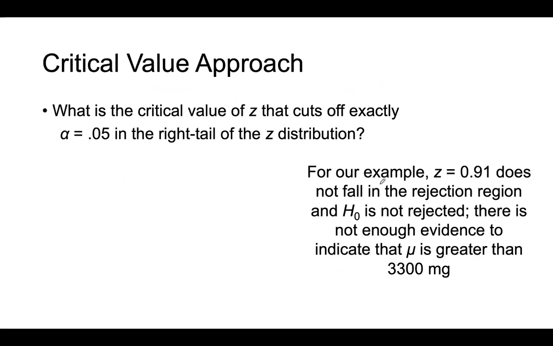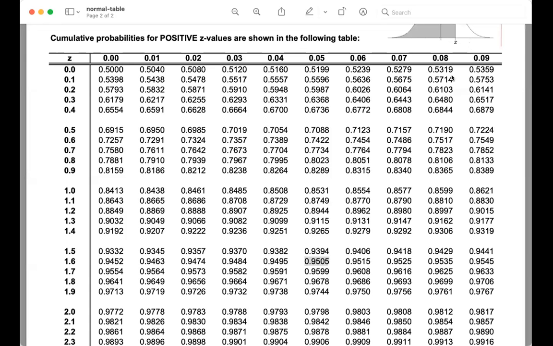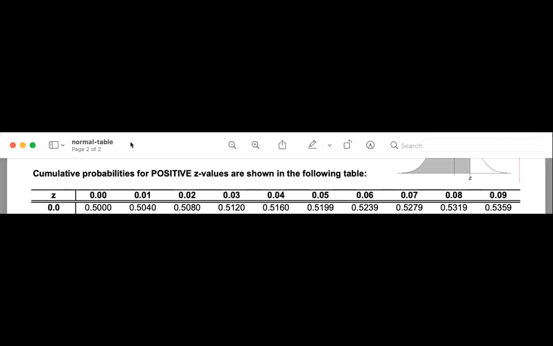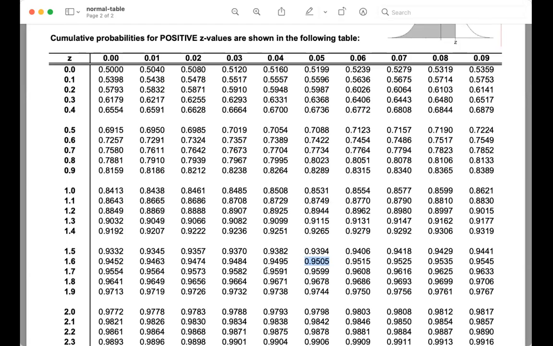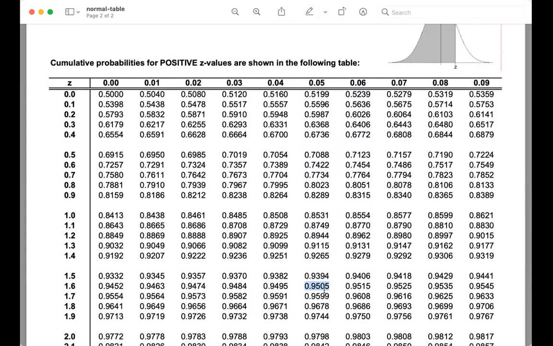So we can look up this alpha of 0.05 in the table. Because of the symmetry, it's 1 minus it, so we could just think of it as this portion. It's going to be 1.65, or 1.645, because it's between these two values. We find our z.